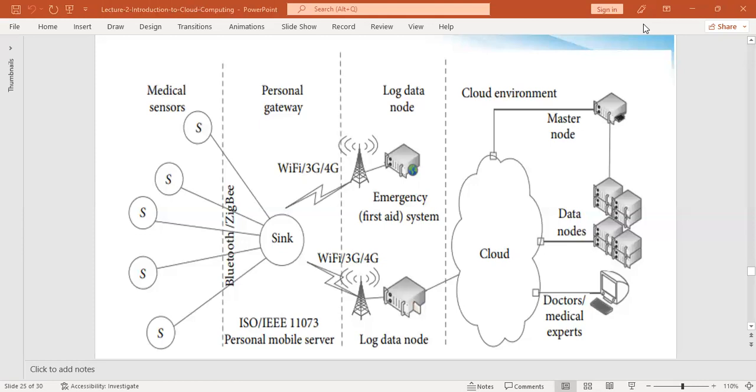There will be a software agent operating on the phone that periodically collects the data from the sensors and, in case of emergency, sends a personalized message to the log data node. The message will contain the medical parameters, maybe the IP address, the user location, and the medical device information.